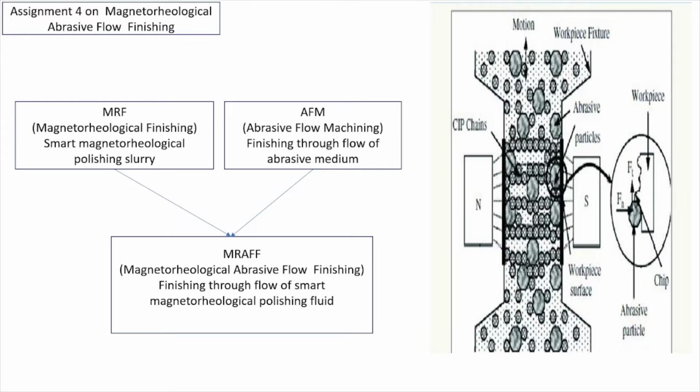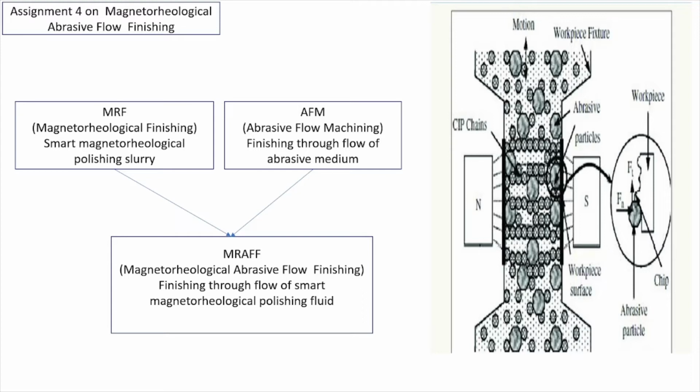We know the nature of a Bingham plastic, so accordingly it behaves, and vice versa it will affect the whole process. It depends on when it enters and when it exits the finishing zone.